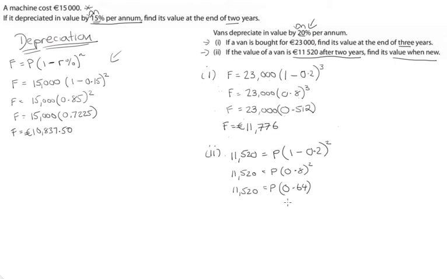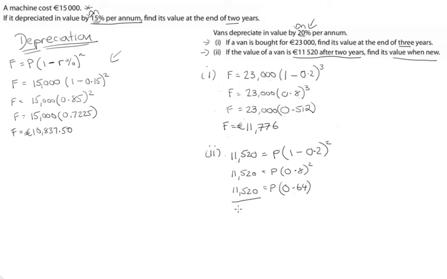Now, I want to get rid of the 0.64 on this side, so I want this number to be divided by 0.64. Just like the previous sums we did, where in the previous video we knew the final investment, but we didn't know the principal. We're doing the same technique here.